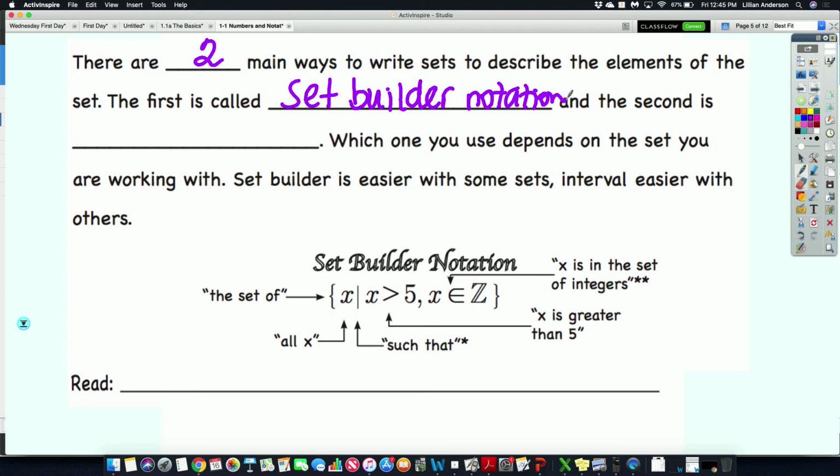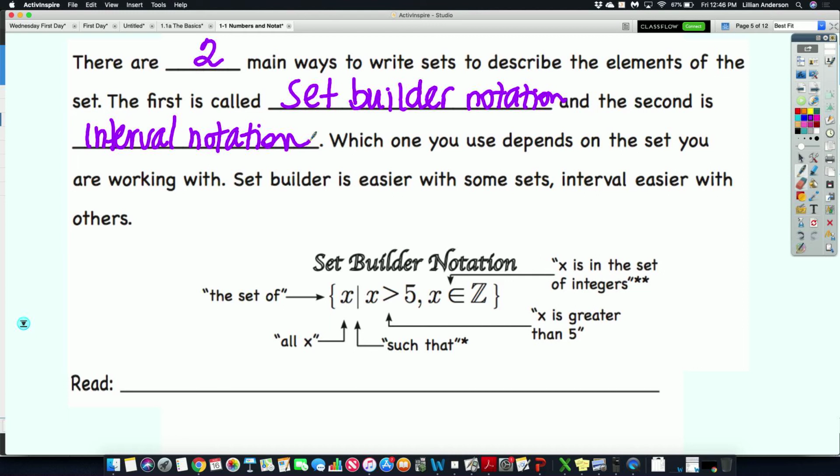Raise your hand if you've heard of either of these two. Which one you use depends on the set you're working with. To be honest, sometimes set builder is easier. Sometimes interval is easier. It just depends on what exactly you're working with.